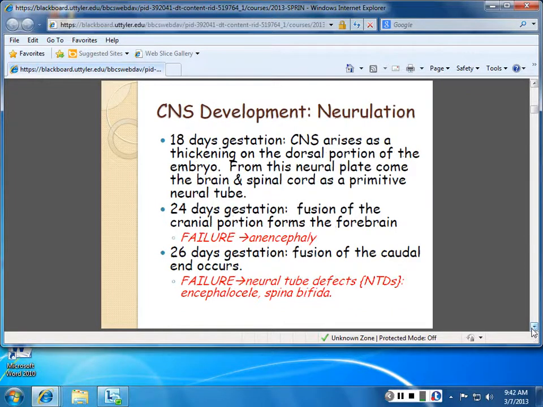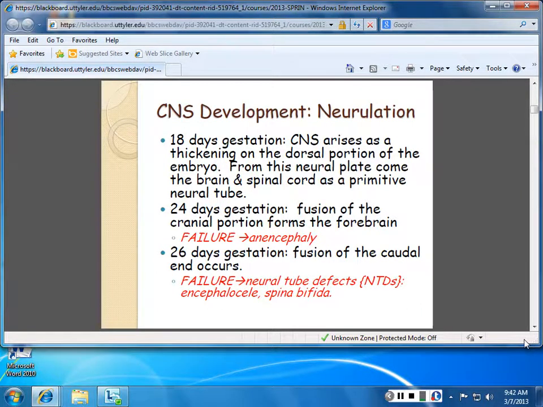I'll tell you. At 18 days gestation, the central nervous system arises as a thickening on the dorsal portion of the embryo. Remember, the embryo is only about as big as a speck. So at 18 days, they're already starting to develop their central nervous system. By 24 days of gestation, fusion of the cranial portion forms the forebrain.